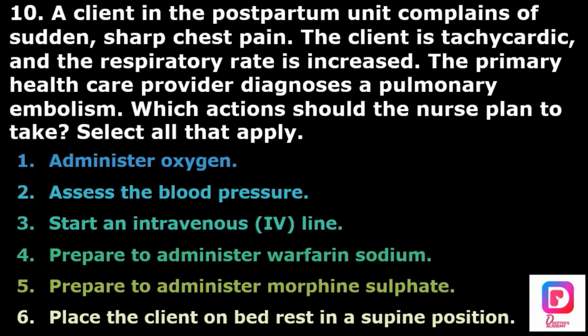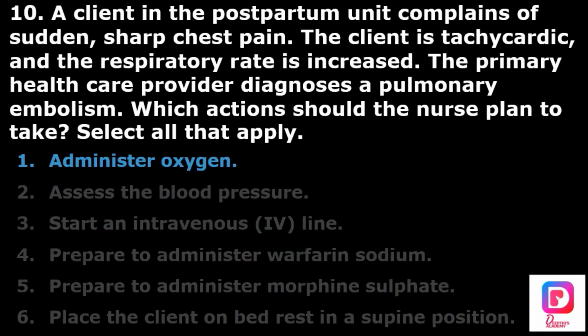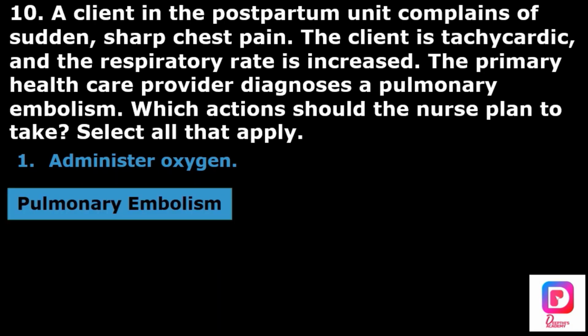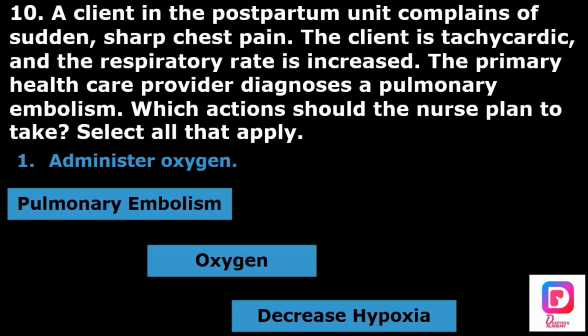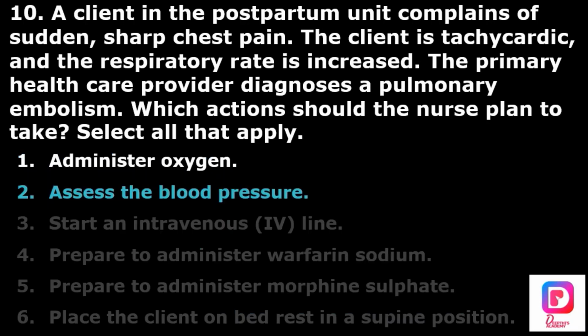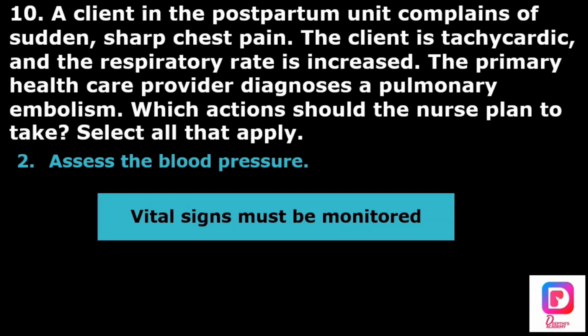So what do they say in the options? First, administer oxygen. If a pulmonary embolism is suspected, oxygen is administered to decrease hypoxia. So, first option is right. Let's see the second option. Assess the blood pressure.